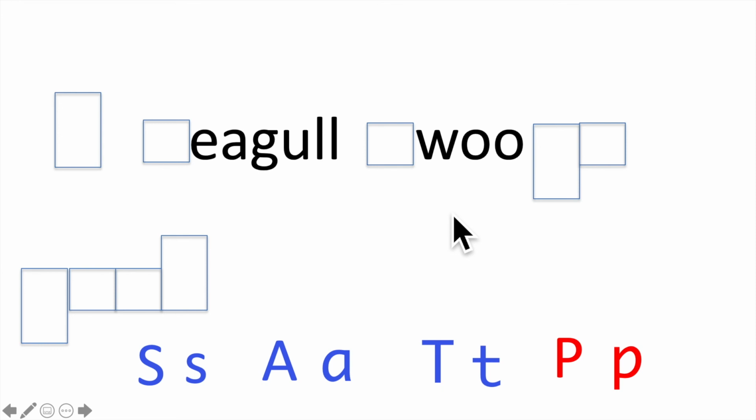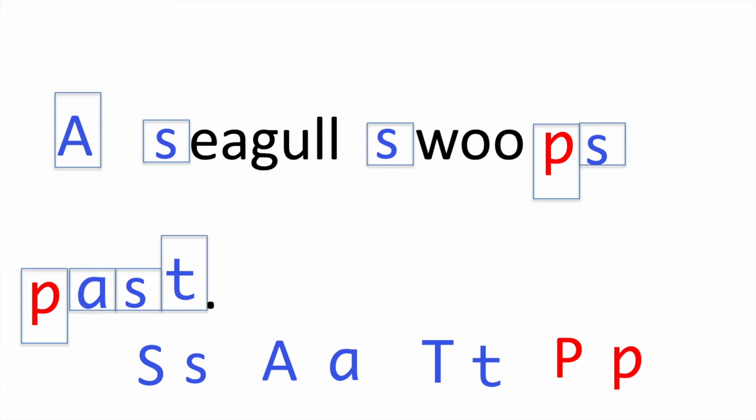Pause the video and have a go. Don't forget your capital letter at the start of the sentence. Did you get it right? Can you see how the P dangles below the other letters. It has a tail which dangles.